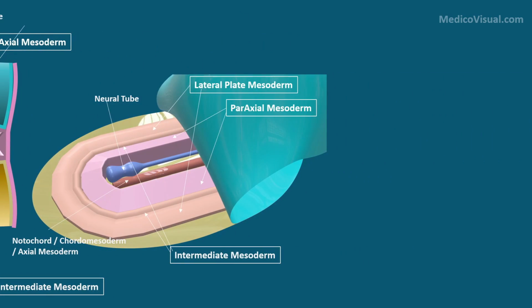Now, as you know, this neural tube, especially the distal part of this neural tube, will form the spinal cord. Spinal cord is one of the most important and delicate structures of our body, so it's very important to protect this structure.